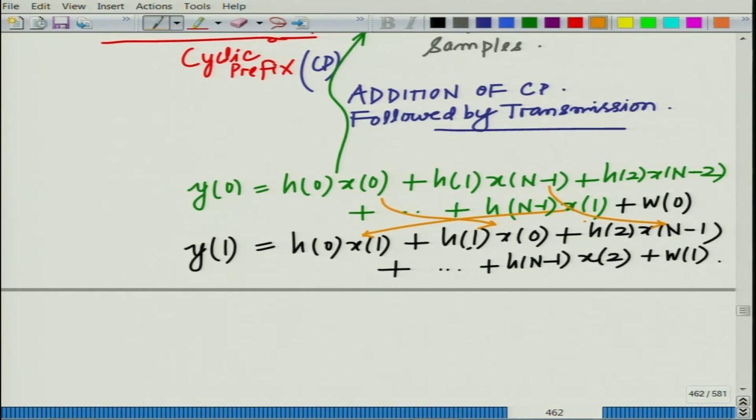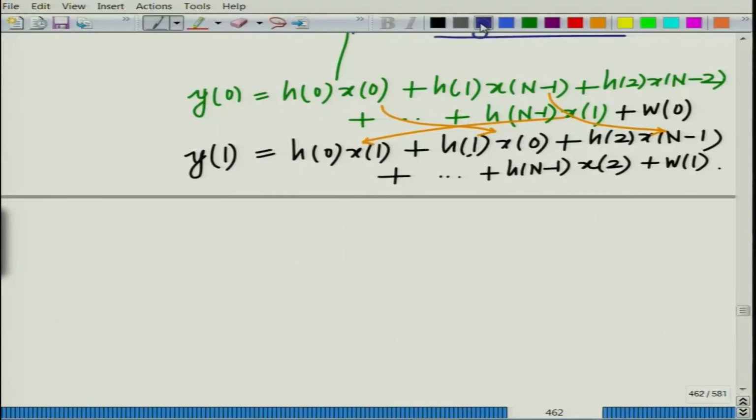So, you can see this is essentially a circular shift, right. You are taking x0, x1, xn minus 1 and you are circularly shifting this sequence. This is an important property. So, if you look at it, you have x0, xn minus 1, xn minus 2, so on up to x1.